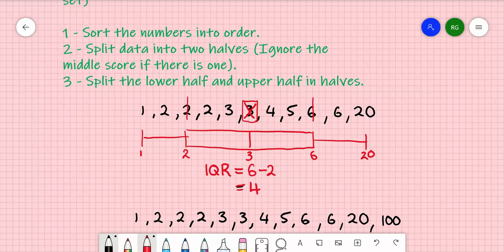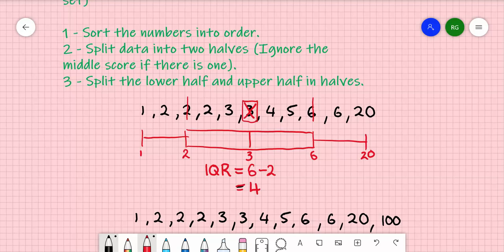So the middle 50% of the data has a gap of 4 from 2 up to 6. This sometimes can remove the effect that an outlier would have. If this was 2000 instead of 20 on the end, the interquartile range would still be 4.